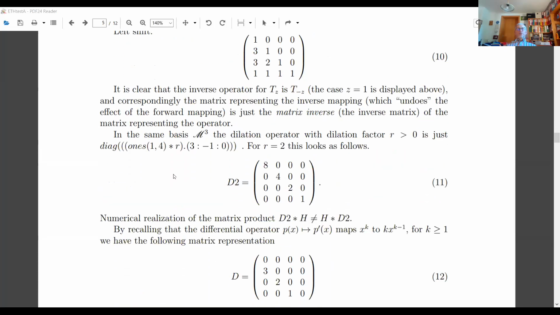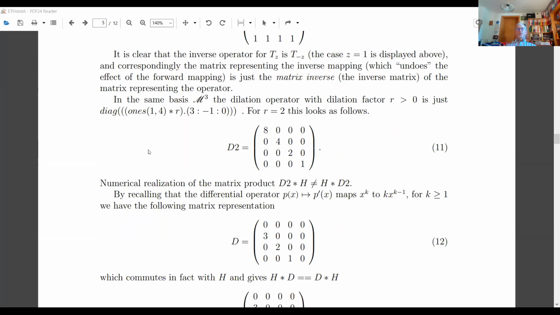Now, here you see what's happening with the stretching operator. X to the third, if you replace x by, let's say r is 2, by 2 times x, then you have 2 times x to the third power, which is 8 times x to the third power. This is why you have 8, 0, 0, 0.